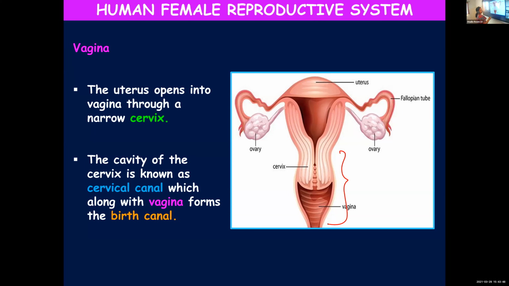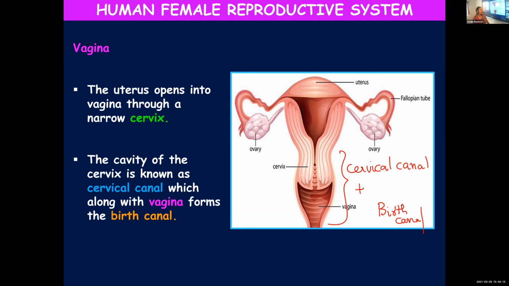The space enclosed by the cervix is known as the cervical canal. Cervical canal plus vagina together we call the birth canal. What is the reason? Why do you call it the birth canal? Anybody?